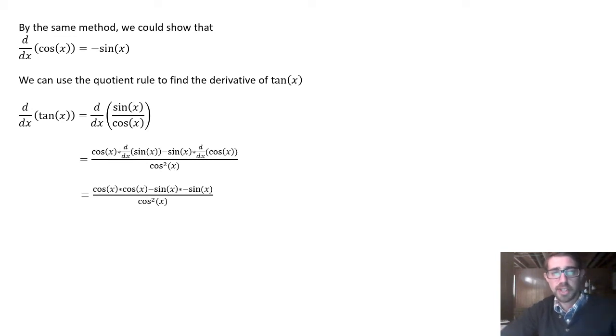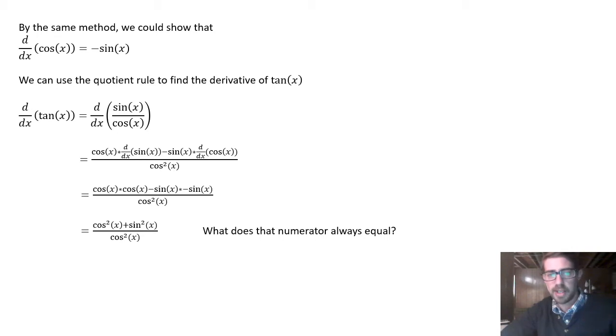The derivative of sine is cosine. The derivative of cosine is negative sine. So that's it. That's the derivative of tangent, but we're going to make it look prettier than that. Cosine times cosine is cosine squared. Negative sine times negative sine is positive sine squared.